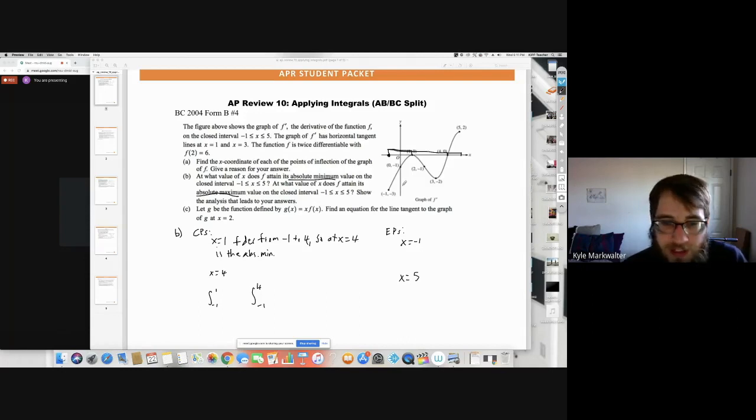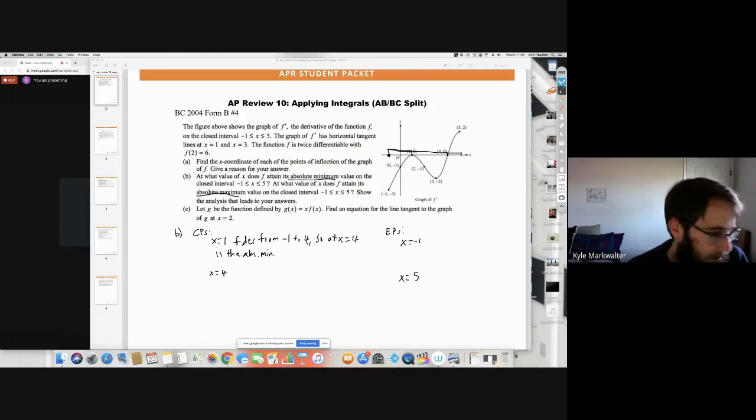So that's where I have to do a little bit of actual heavy duty calculus thinking. Here's one way we can do it different than what I said earlier. You know how we have the fundamental theorem of calculus that says the integral from -1 to 5 of f prime of x dx is going to be equal to the antiderivative, so f of 5 minus f of -1.